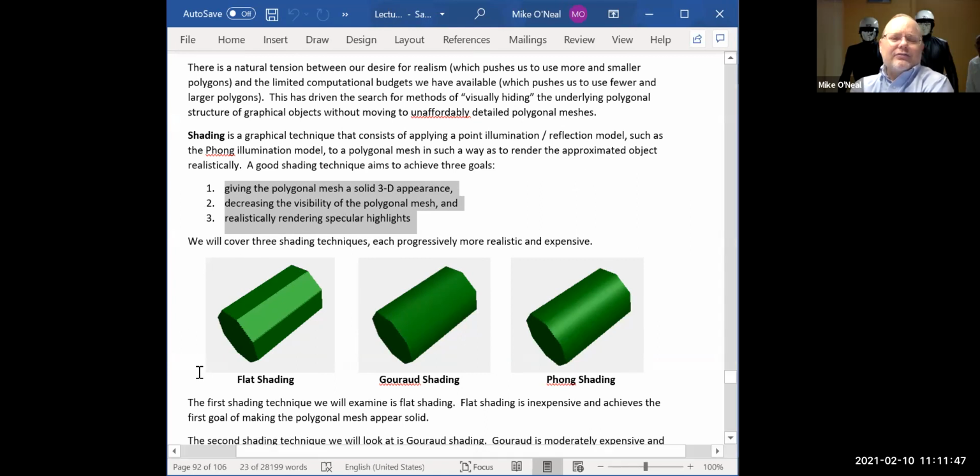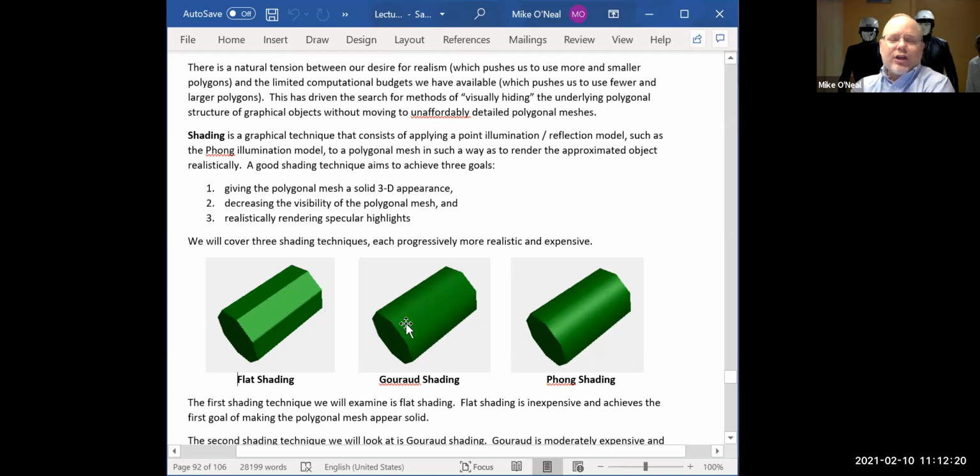If you look at the three techniques we're going to talk about, flat, Gouraud, and Phong, flat shading accomplishes the first goal of giving the polygonal mesh a solid 3D appearance. This looks solid because of the way it's lit. However, flat shading certainly doesn't hide the polygonal mesh. In fact, you might say it makes it startlingly obvious that this is not a cylinder. It is some octagonal shape that's been extruded into 3 dimensions.